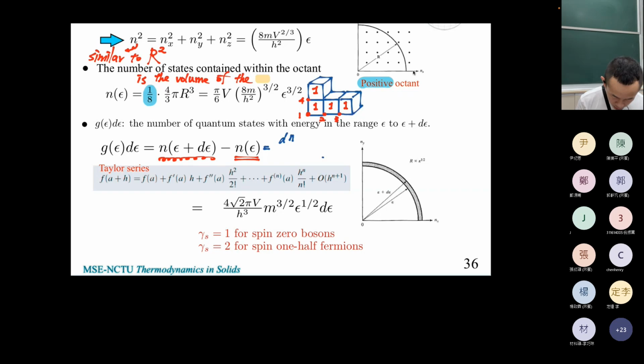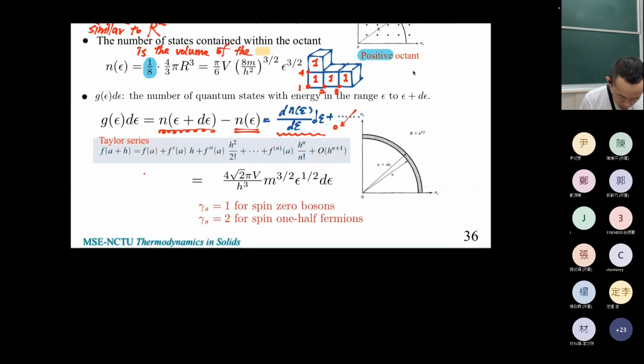So N(epsilon) minus d epsilon times d epsilon plus blah blah blah, because of the Taylor series, I will name it single wiggle. And of course the remaining part, I will say they are all close to 0 because they are higher order terms. Okay, so here I am just trying to say N(epsilon plus d epsilon) is the wiggle part.